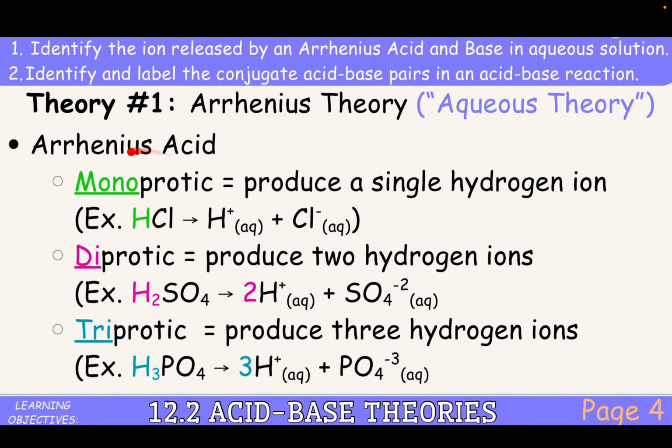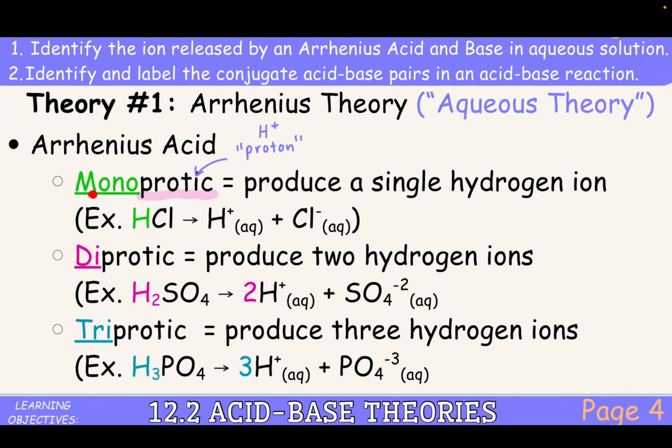Some other things we can go over: Arrhenius acids can be placed in more specific categories. They can be monoprotic, diprotic, or triprotic. Protic is referring to a proton, which is our positive hydrogen ion, H+.